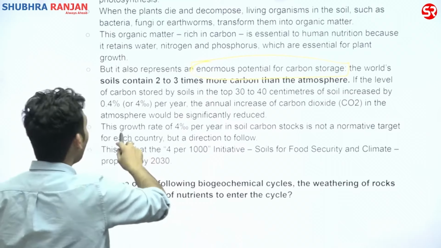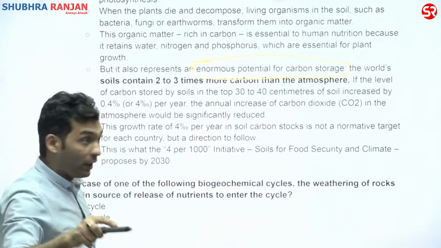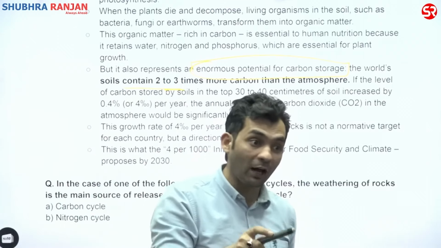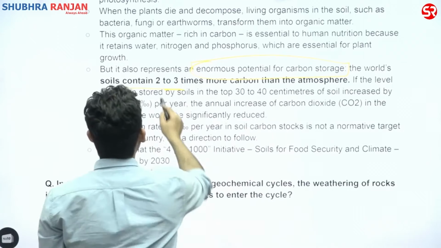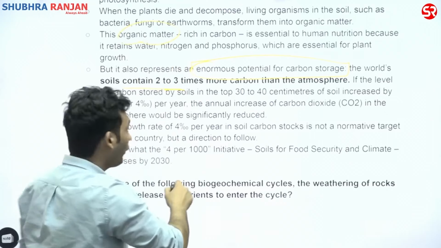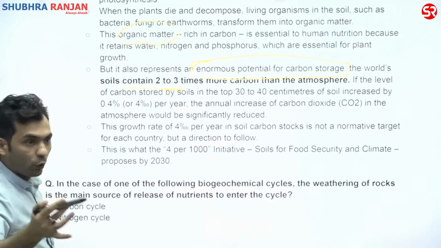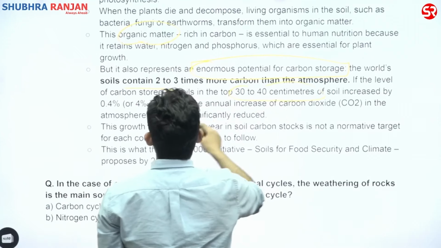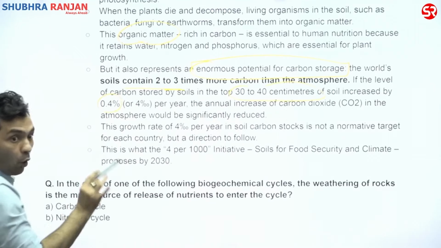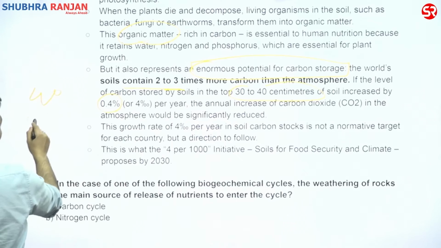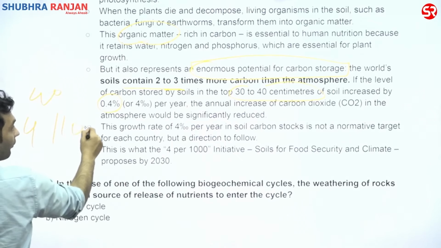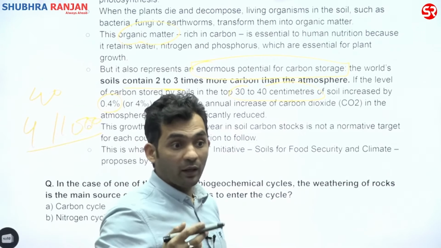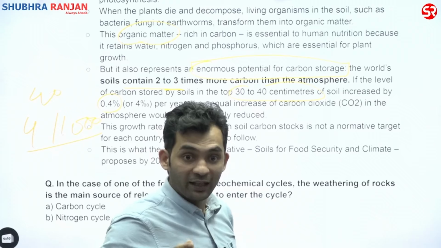They are saying that the world's soil has 2 to 3 times more carbon than the atmosphere. So if you increase this organic matter content, or increase the topsoil of 30 to 40 centimeters by just 0.4%, or 4 per 1000, this would immensely benefit fighting climate change and reducing greenhouse gas emissions.